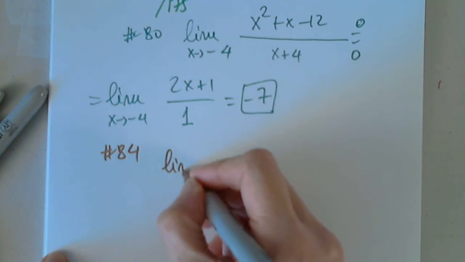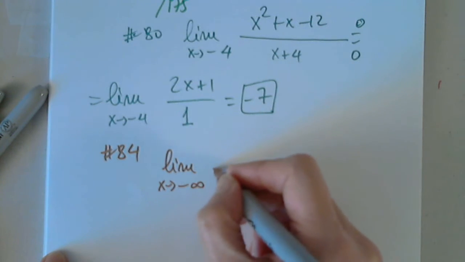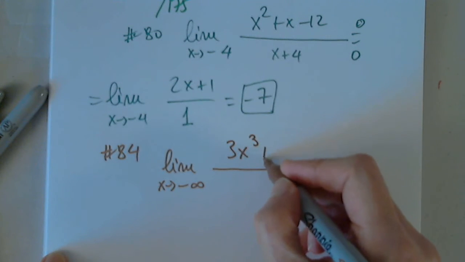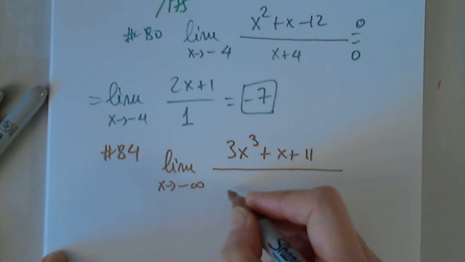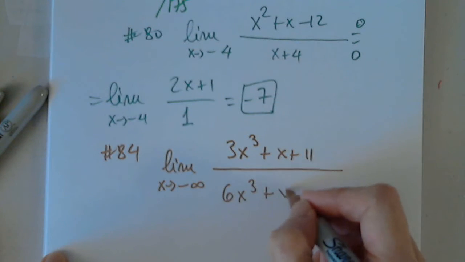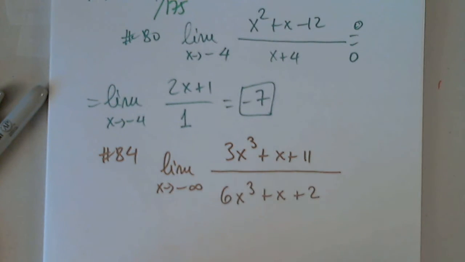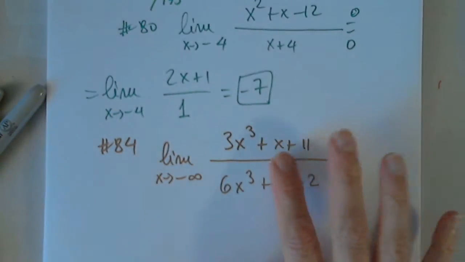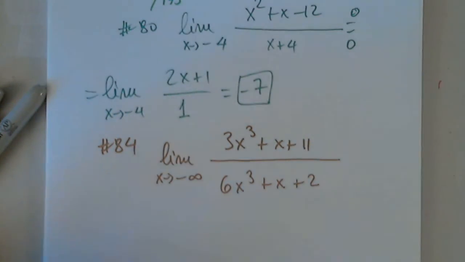So we have the limit as x approaches -infinity. The top is 3x cubed plus x plus 11. The denominator is 6x cubed plus x plus 2. Good. When I plug in infinity or -infinity, these other terms don't count.